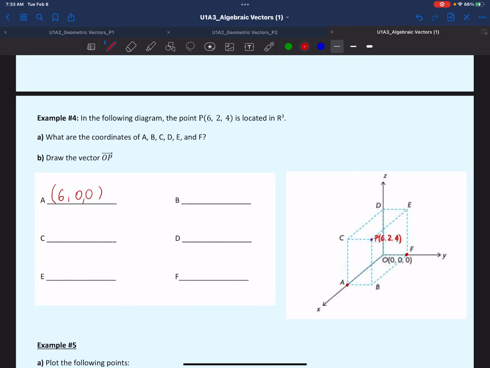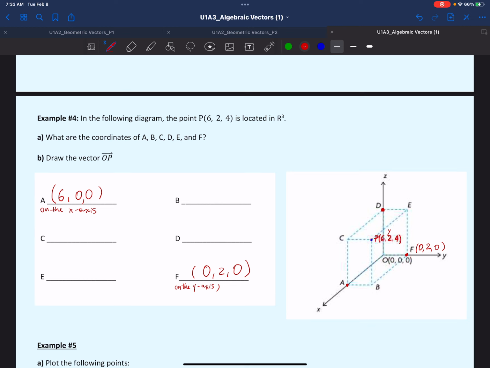So since point F is on the y-axis, and this was on the x-axis, it means that x will be 0, z will be 0, but y will be different than 0, which means that y will be 2. So 0, 2, 0.